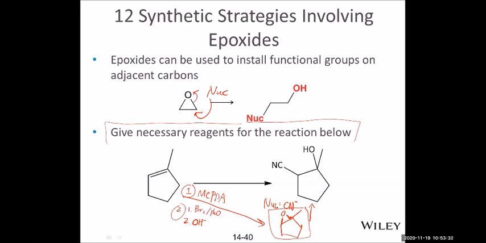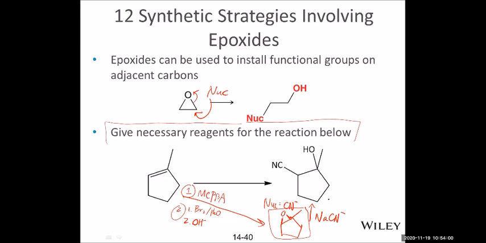So there are two ways to get from alkene to epoxide, and from the epoxide to the alcohol can be just one step. We add sodium cyanide, where the cyanide ion is a good nucleophile. The cyanide ion will attack on the carbon, and with water, finally will give us the alcohol.